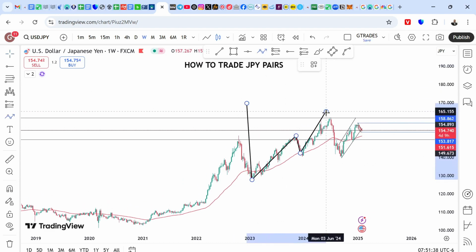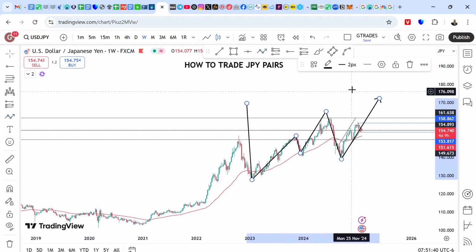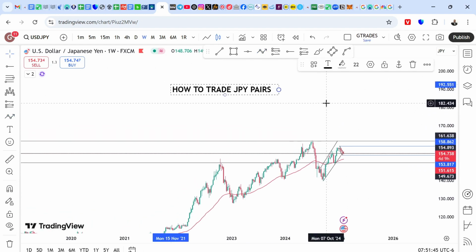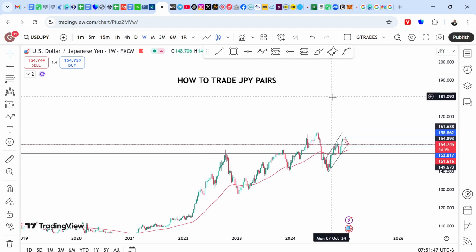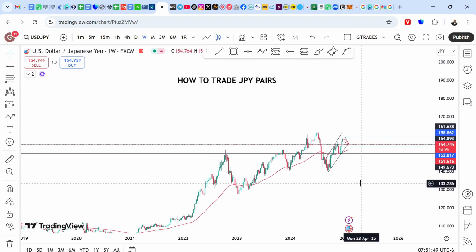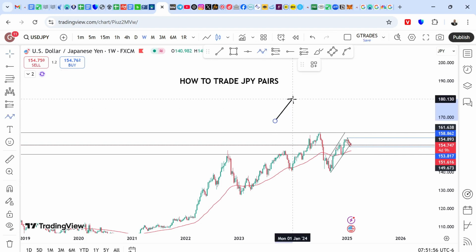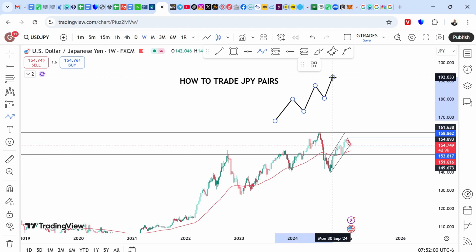So these are just pullbacks, right? Now the price is heading up. So now I want you to see that this is an eye opener on the weekly time frame. Let's do a proper market structure. I'm sure you remember your higher highs, higher lows, higher highs, higher lows, higher highs, right?